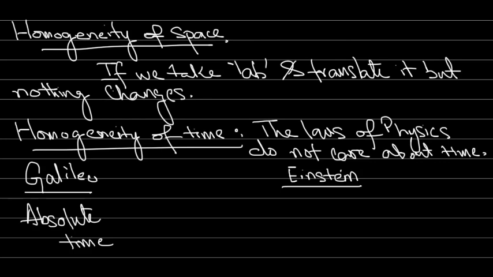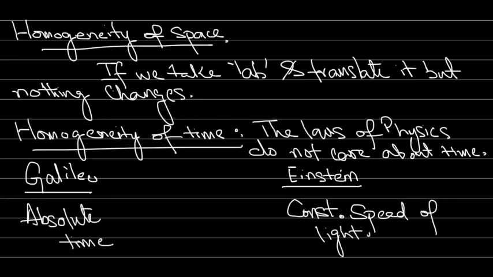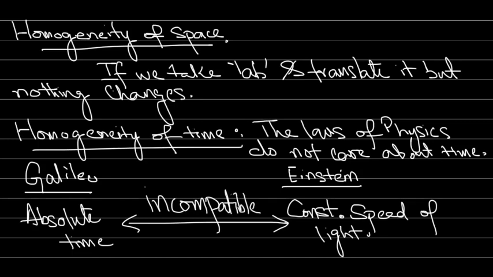In Einstein's point of view, we have constant speed of light. I'm pretty sure you know this. Now, of course, it turns out that these two are incompatible, so one of them has to be false. And it turns out that the constant speed of light is how nature works. And the constant speed of light implies the homogeneity and isotropy of space-time, right?